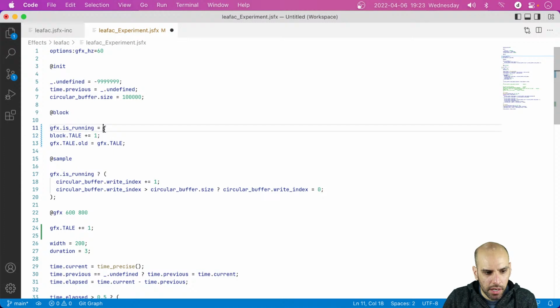I will just check if the block tail is bigger than a certain threshold, like 500, and the GFX tail is different from the old one.